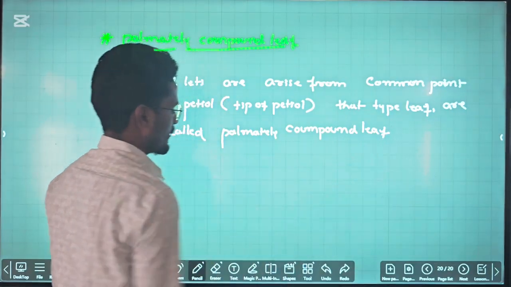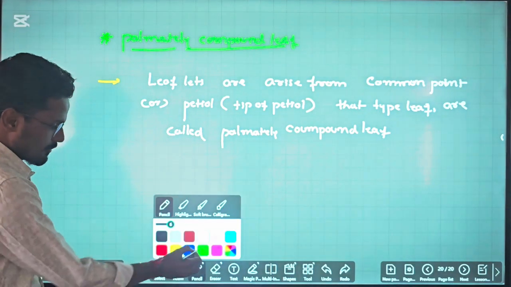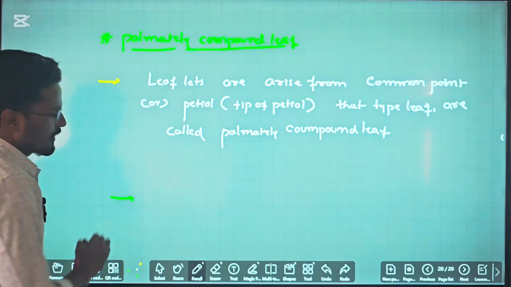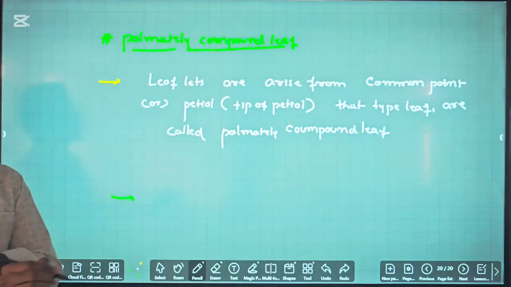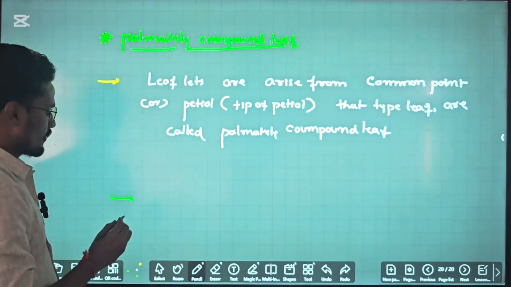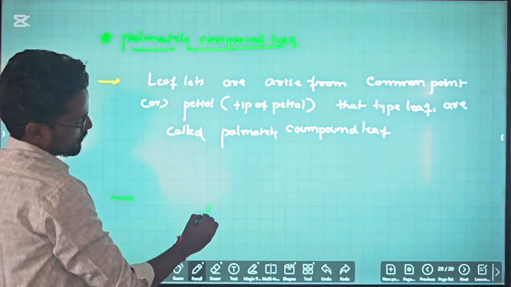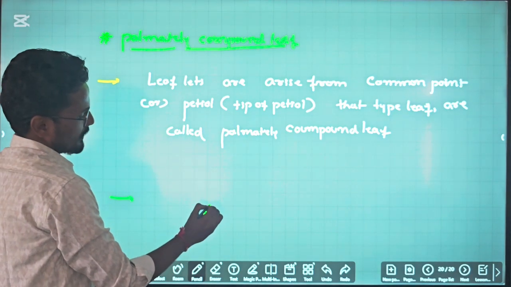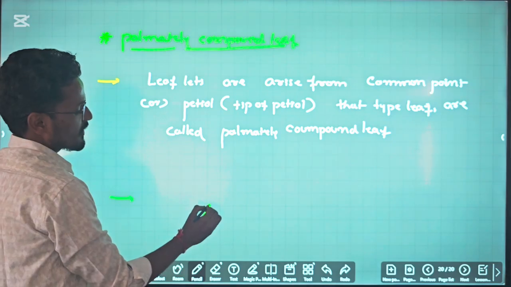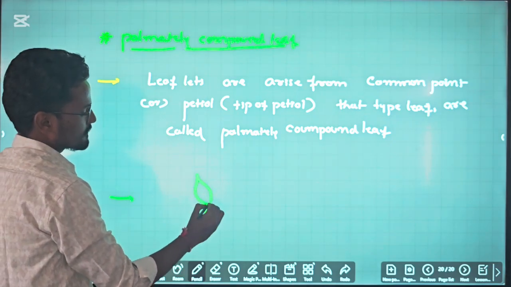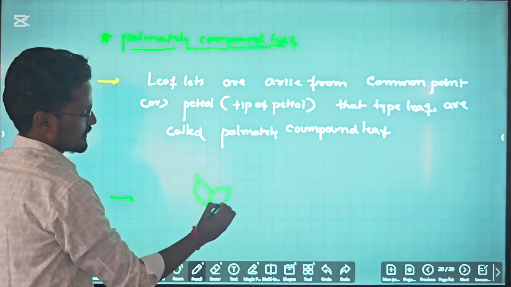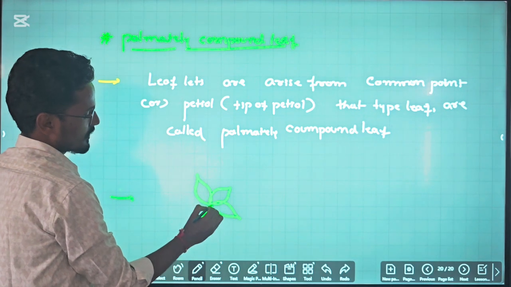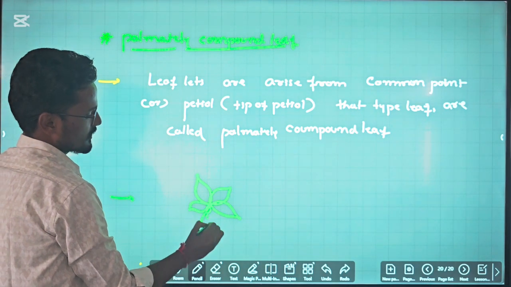Let us understand how palmately compound leaves look. This is a petiole, and on the tip of the petiole a number of leaflets arise like this. This is one leaflet, this is another, this is third, fourth, and fifth.